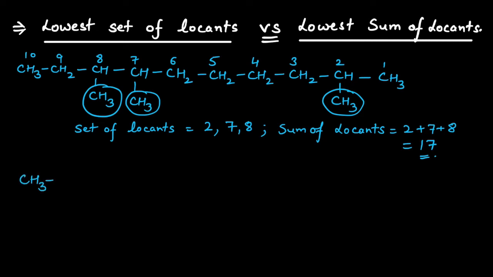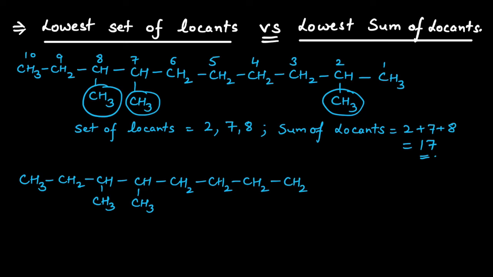Now what will happen if another student wants to give the number differently from the first example? So let's first draw this molecule again. But this time we will number it like this, which is basically different from the first case.